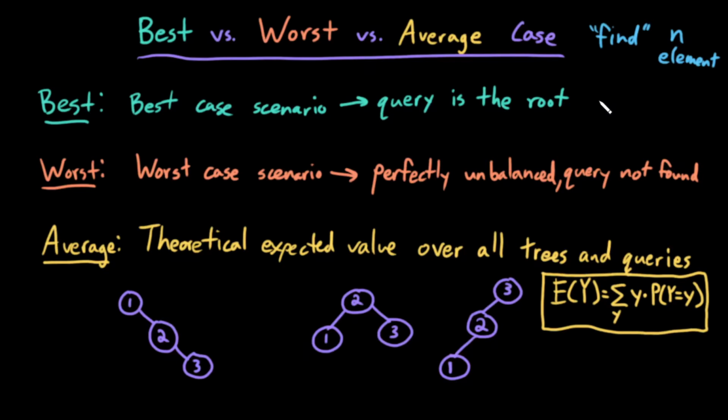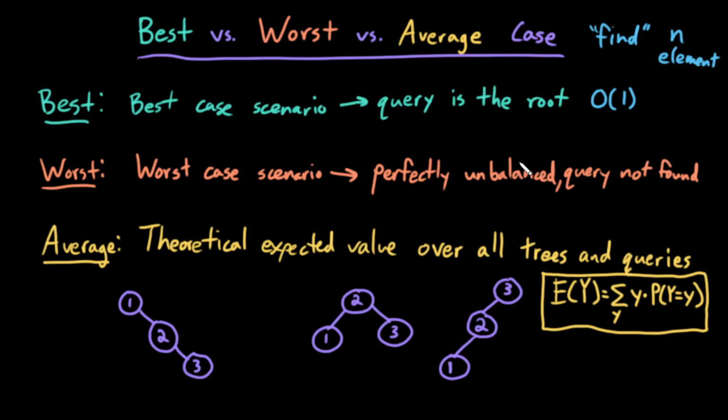So the best case time complexity for a binary search tree is big O of 1, regardless of what the shape of my tree is. And even if I have some large n elements, I will always find it when I check the root. So the best case time complexity, regardless of how large the input size is, is always just constant time, no matter what my tree shape is.